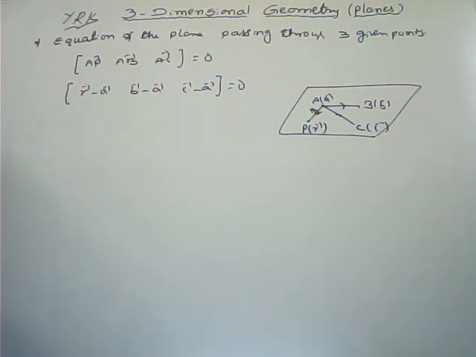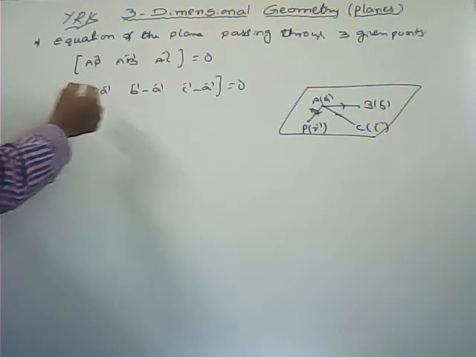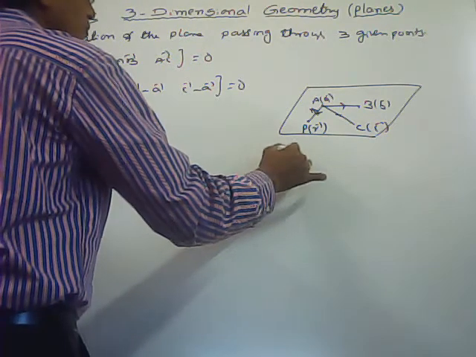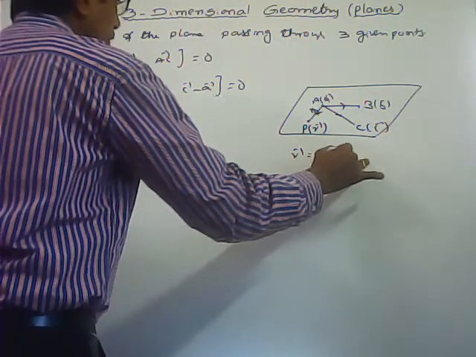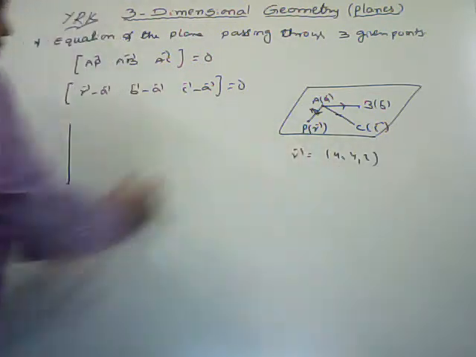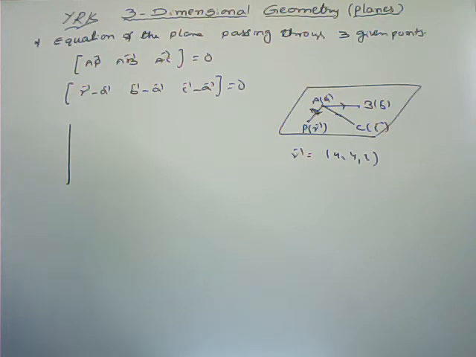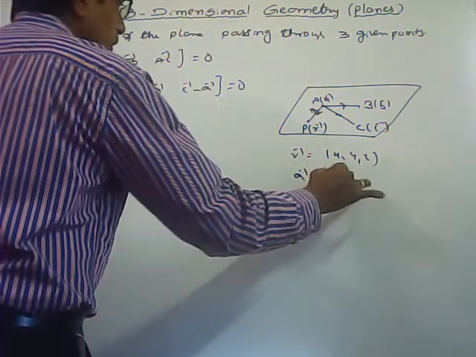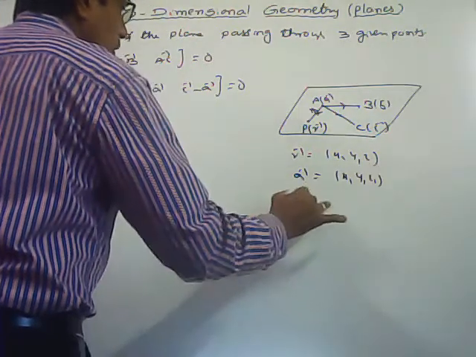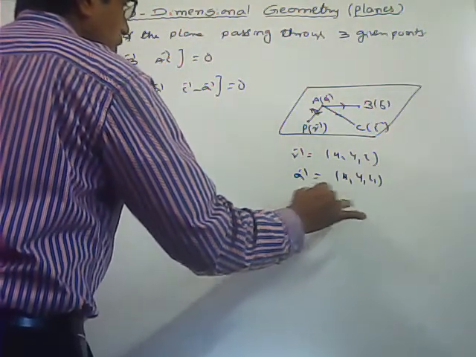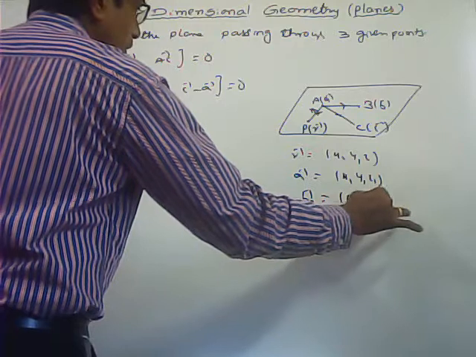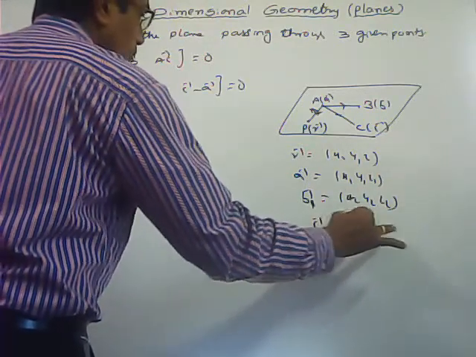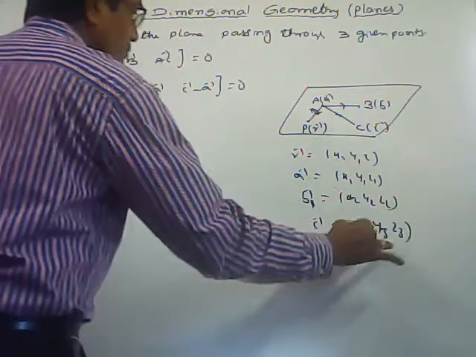If I want the Cartesian form, the box is always the determinant. I am taking r bar as x i cap plus y j cap plus z k cap, a bar as x1, y1, z1, b bar as x2, y2, z2, and c bar as x3, y3, z3.